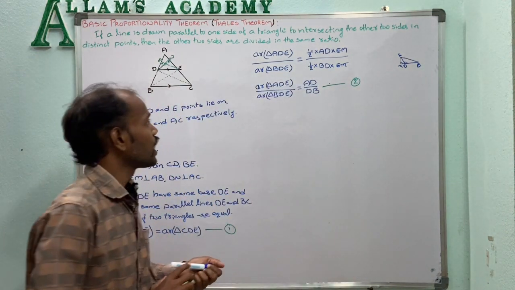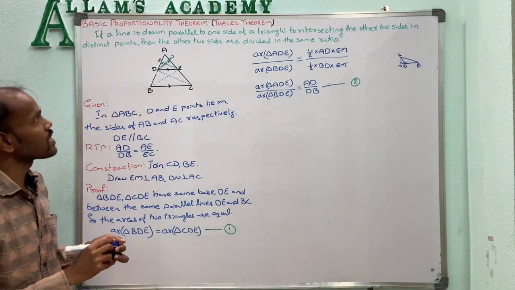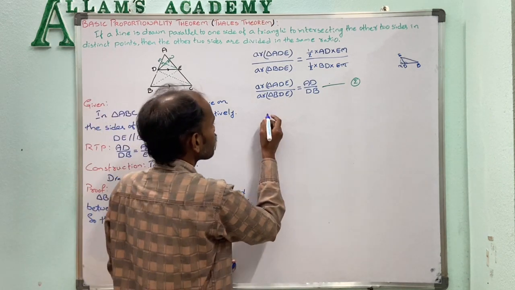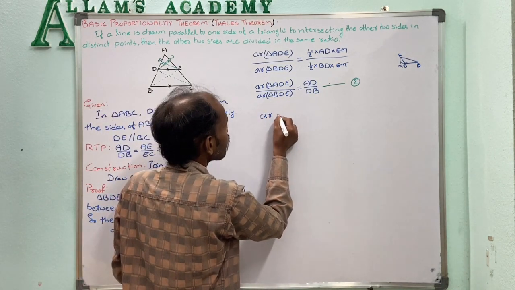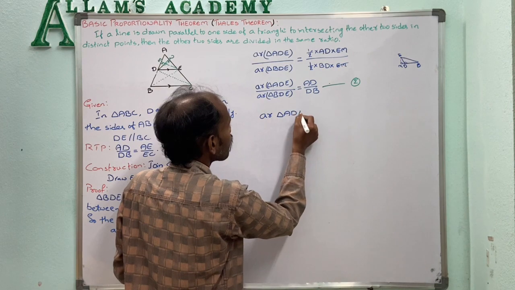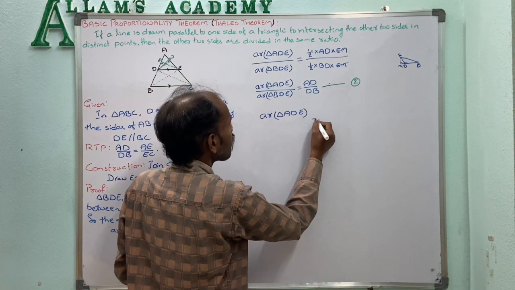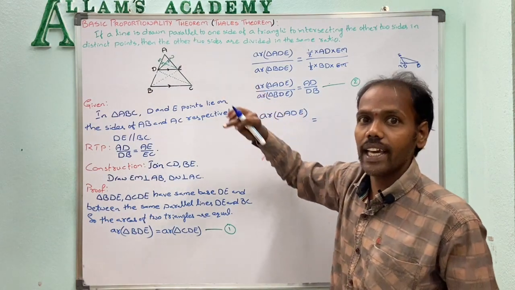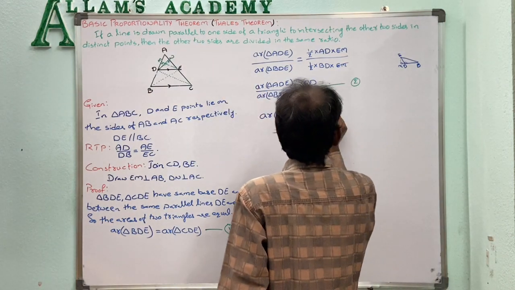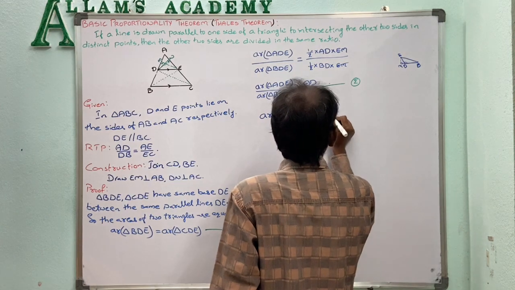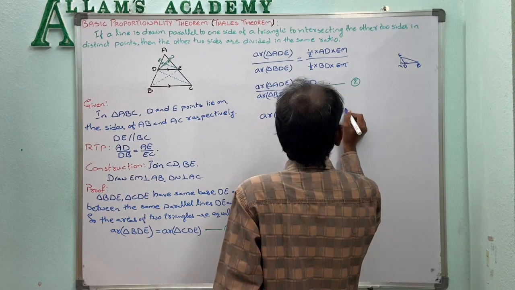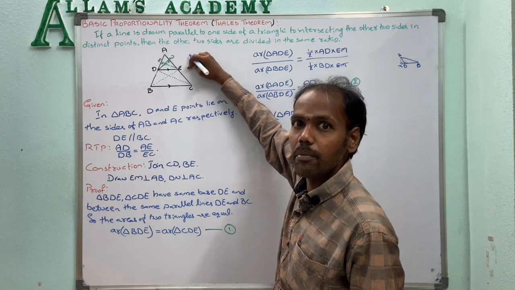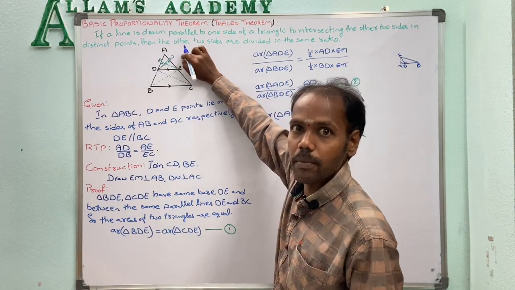Next, we find once again the area of triangle ADE, now taking the base as AE. So half into base AE into its height. When AE is the base, the height is nothing but DN.